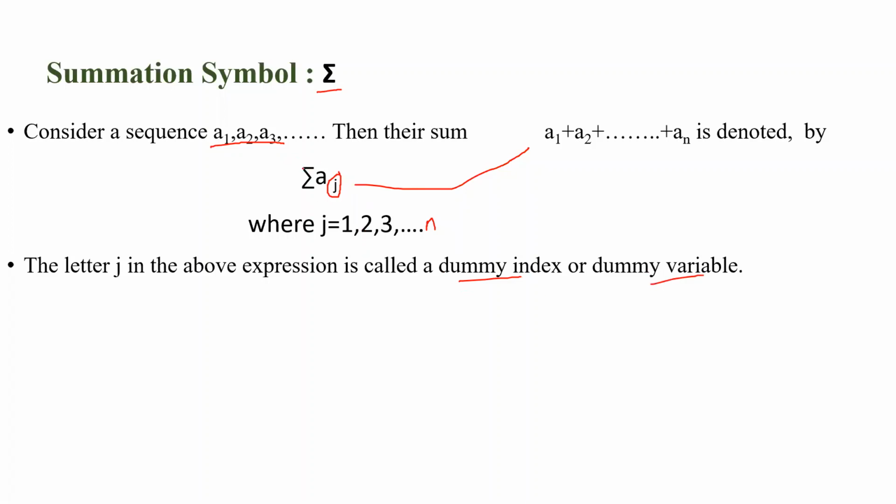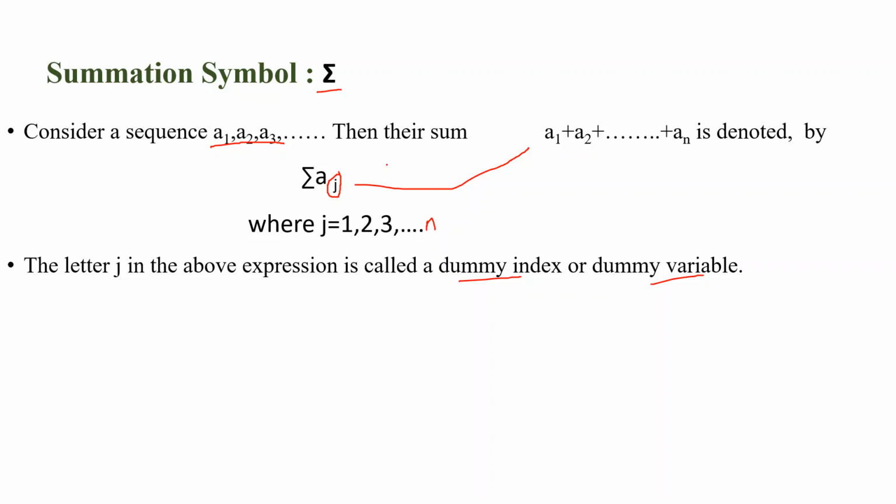So this summation symbol indicates that after replacing j with each of the values ranging from 1 to n, you are adding all the values. This summation symbol, sigma, is used to indicate the sum of the series like a1 plus a2 plus a3 plus etc. plus an.